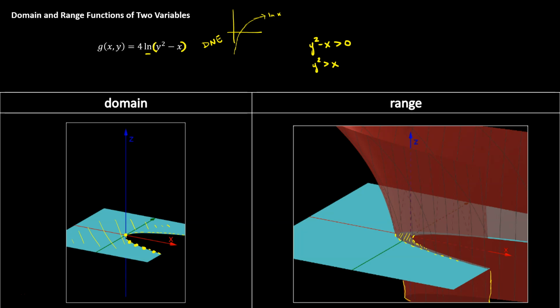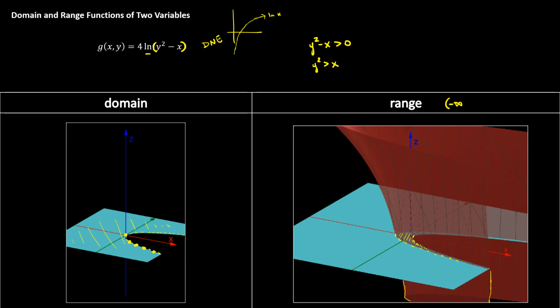But I could pick any other point along this parabola and plug it into our function to figure out the smallest value of z. If I tried to plug in x equals 0, y equals 0, notice that ln of 0 is negative infinity. So g of x and y can go all the way down to negative infinity.